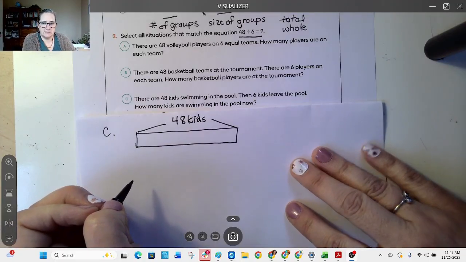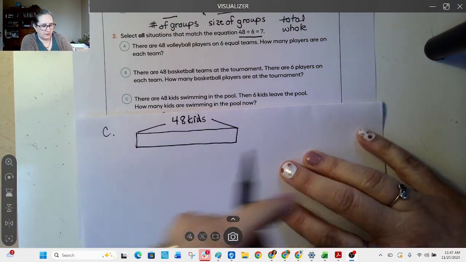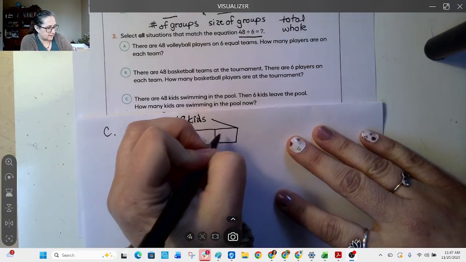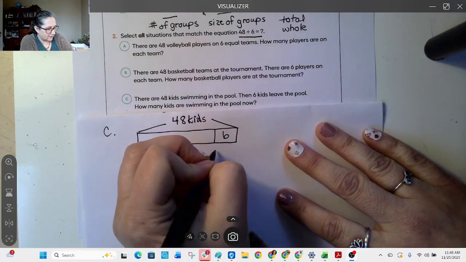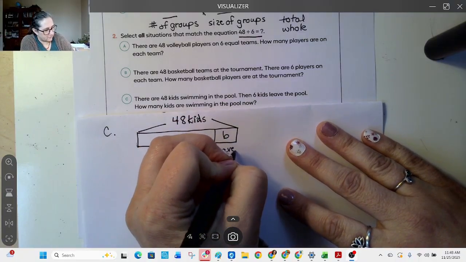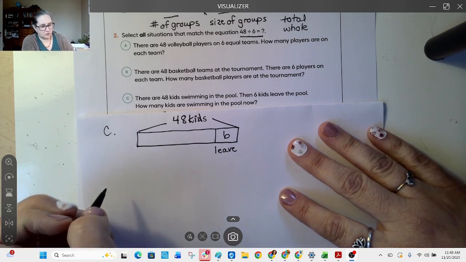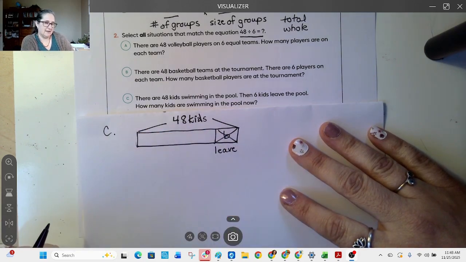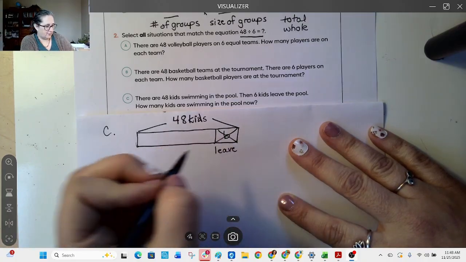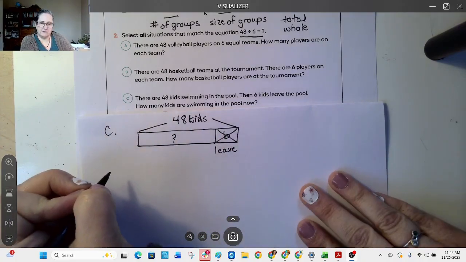Then 6 kids leave the pool. So here's our 6, and we know that they're going to leave. What operation does that make you think of? Subtraction. So we're actually going to take that 6 off, and the question is, how many kids are left in the pool now?